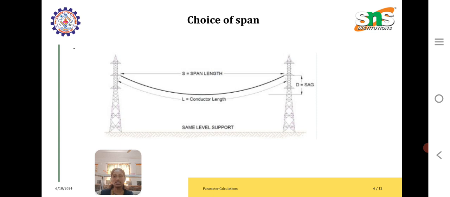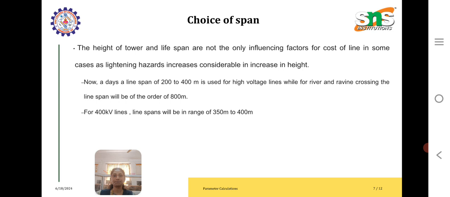For hill stations, one of the towers will be at the top and one of the towers at the bottom. That is not at the same level, it is at different levels. So the calculations will change when we design the mechanical design of a transmission line at that particular place. This is for a plain area.